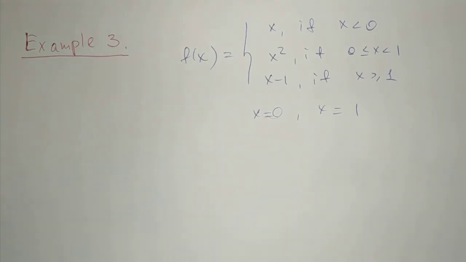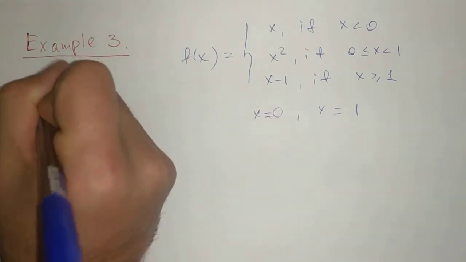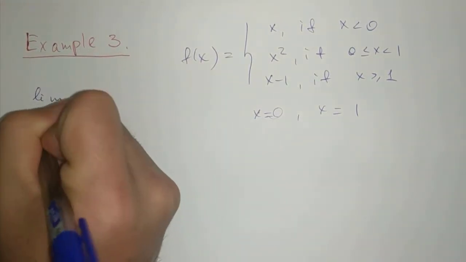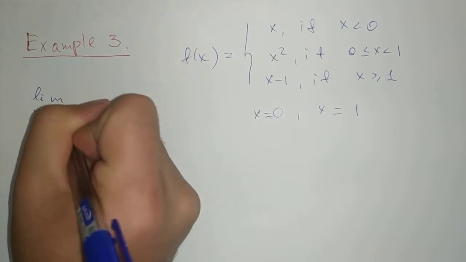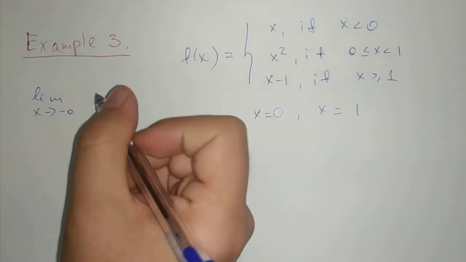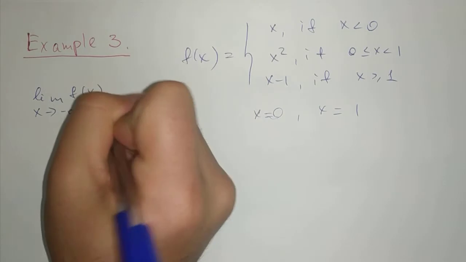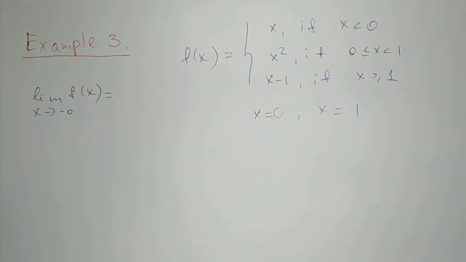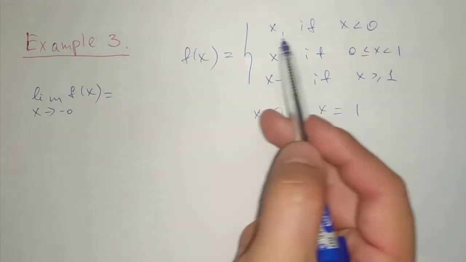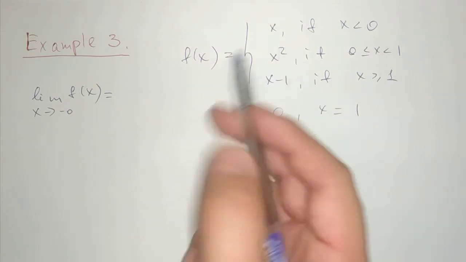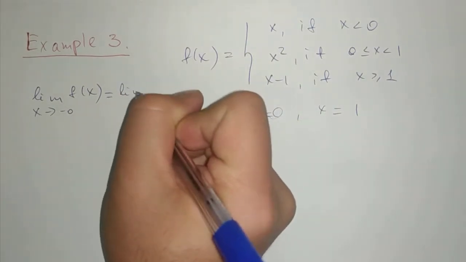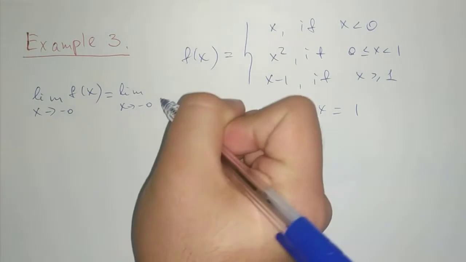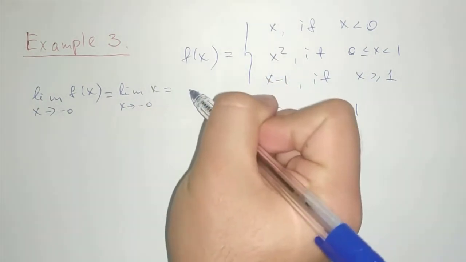For checking the discontinuity, we need to calculate the one-sided limits. The limit as x tends to 0 from the left, the left side limit of f(x), is x, so the limit is 0.